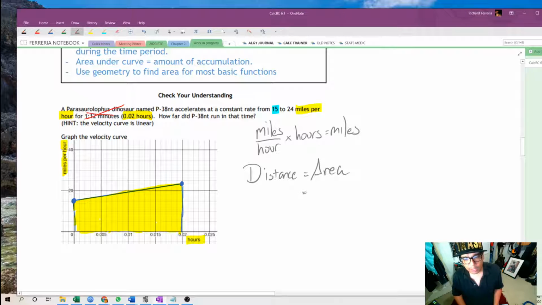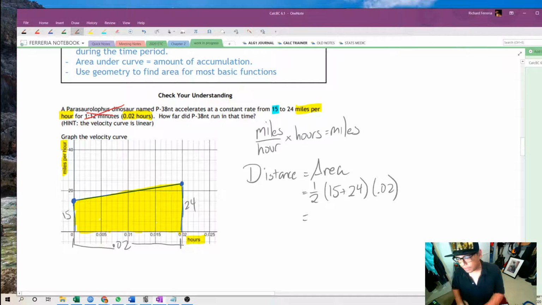The area is 1/2 base 1, 15, plus base 2, which is 24 miles per hour. Let's write those, 15 and 24, multiplied by 0.02 hours. So this is 0.02 hours from here to here.